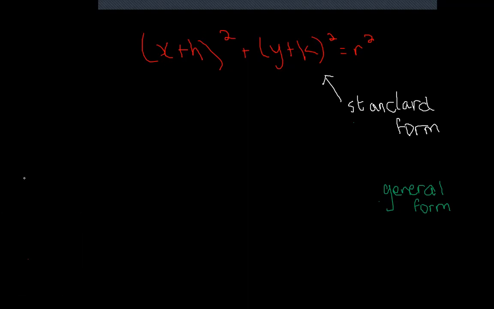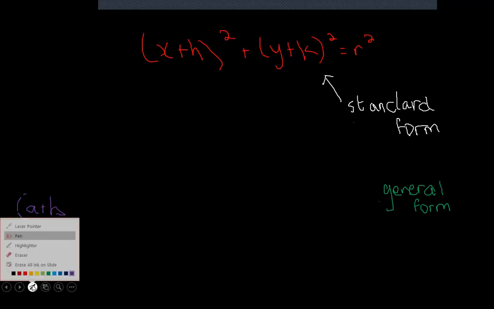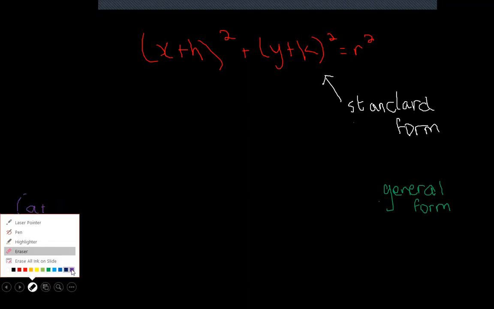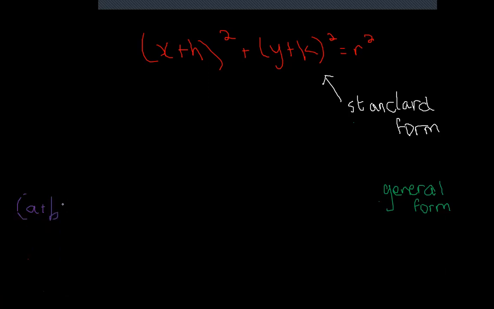I went through this last class. The rule is, you would have learned this in math class before. The rule is (a plus b) squared is equal to a squared plus 2ab plus b squared.